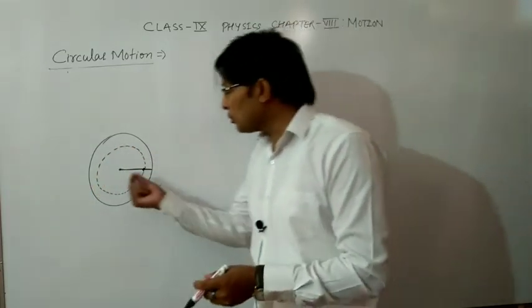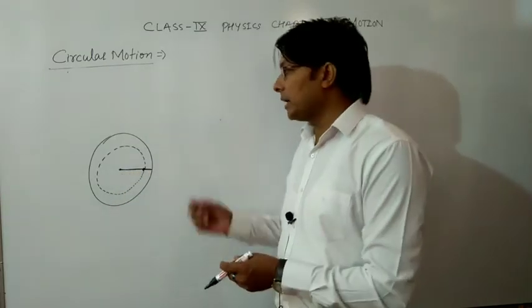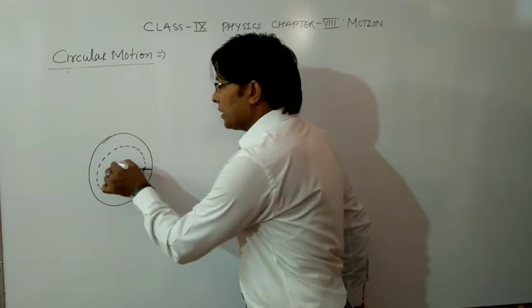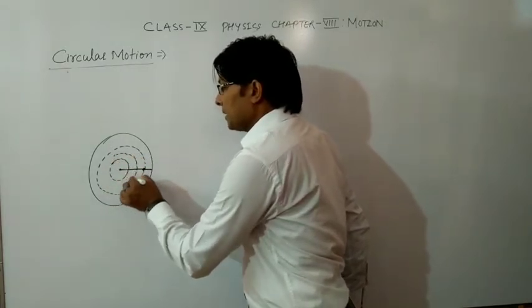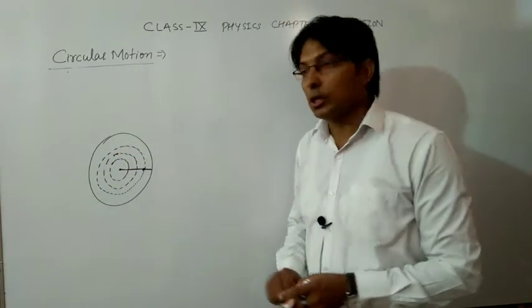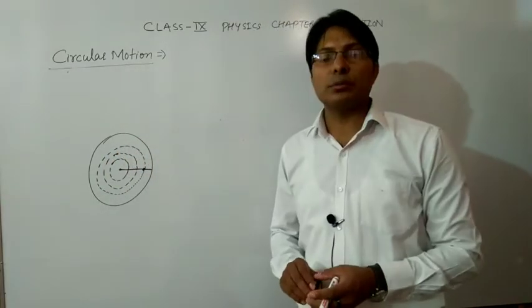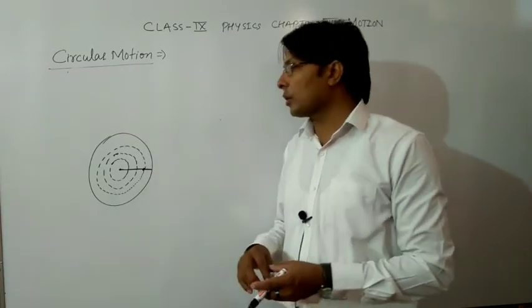There may be so many particles situated on this hand of the clock, and all these particles are doing circular motion with different radii. You can understand the concept of circular motion with the help of the hands of a clock.